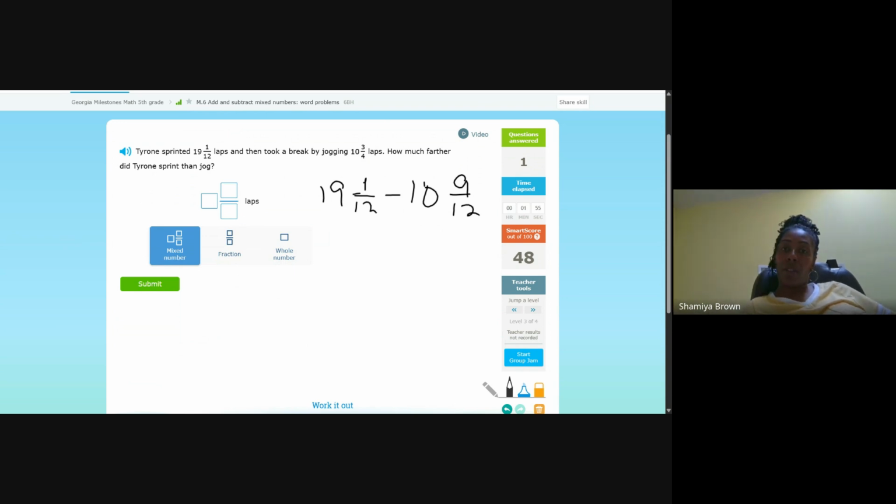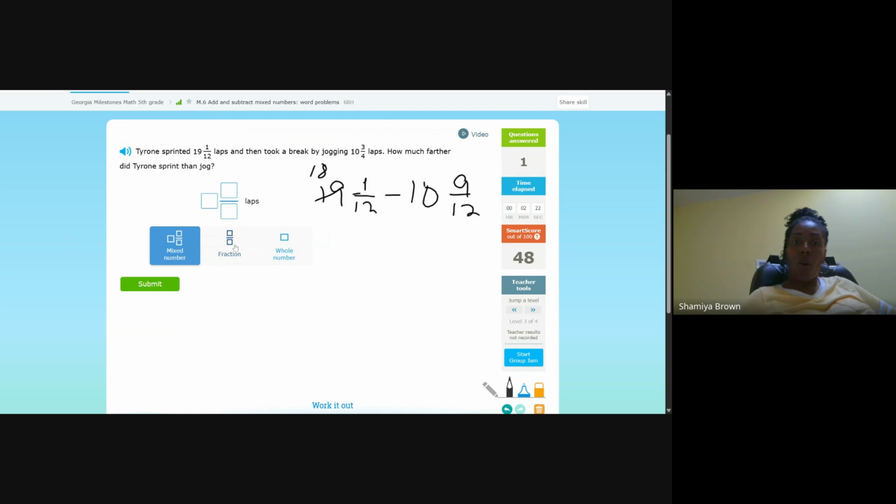Okay, here's one where we have to regroup. So 1 minus 9, I can't do. So I have to borrow from the 19, get a fraction out of this 19 to give here. So my 19 will now be 18. But I have to make a fraction out of that, and I need my fraction to have the same denominator as this.